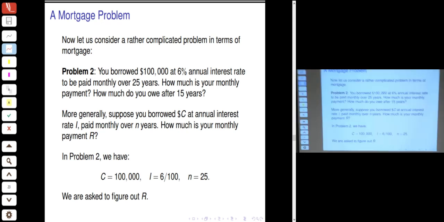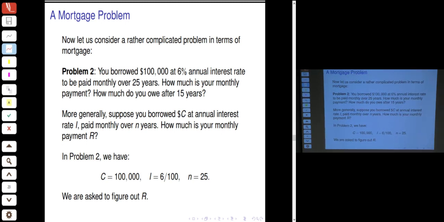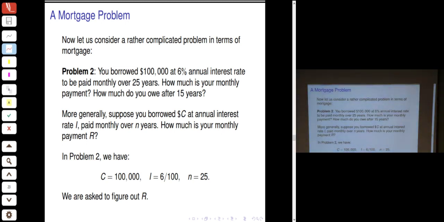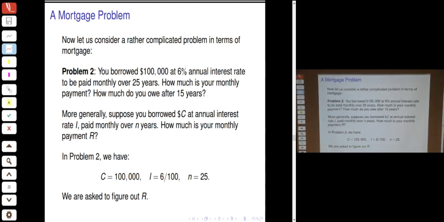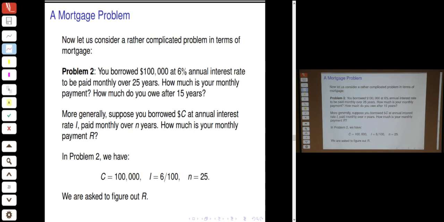Again, as we have seen many times, it's often useful to think of these problems in terms of general variables.